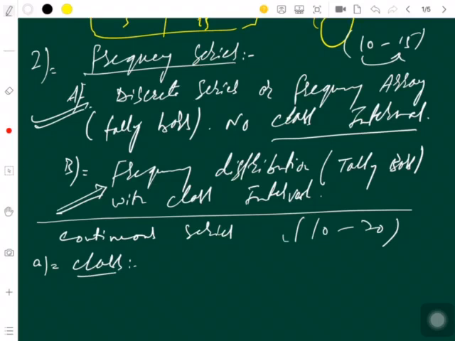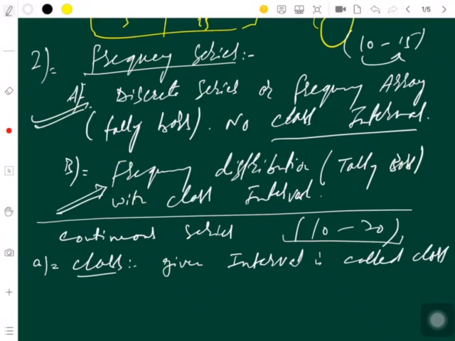This in itself is a class. Say 0 to 5, it becomes a class. 5 to 10, it becomes one more class.